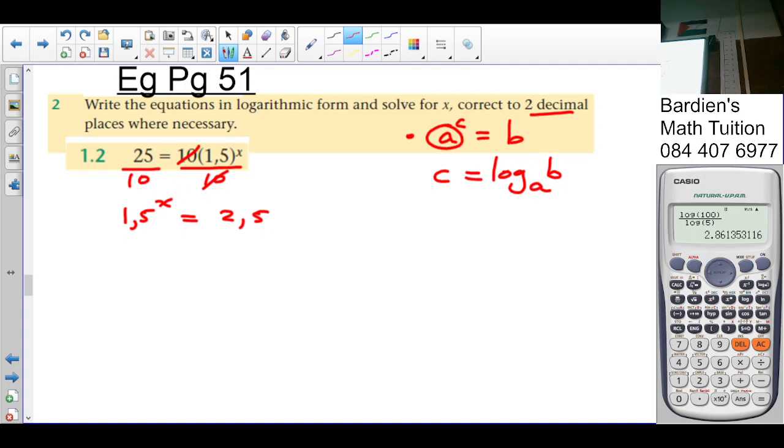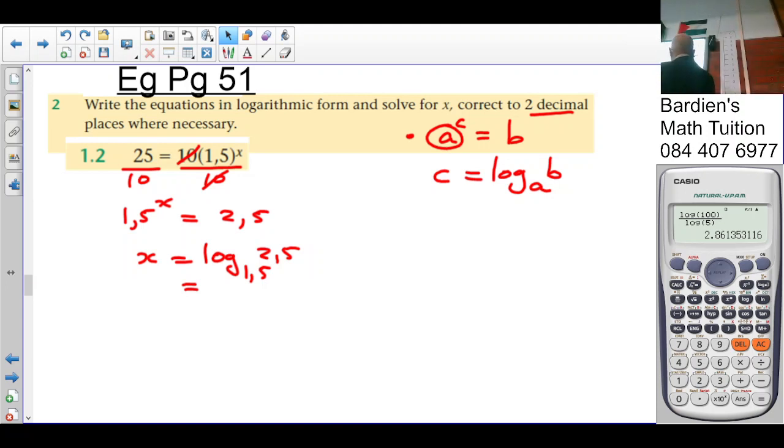I can log both sides, or I'm just going to write it straight into this log form here. So remember, the exponent will be the subject of the formula. So x is equal to log 2.5 base 1.5.